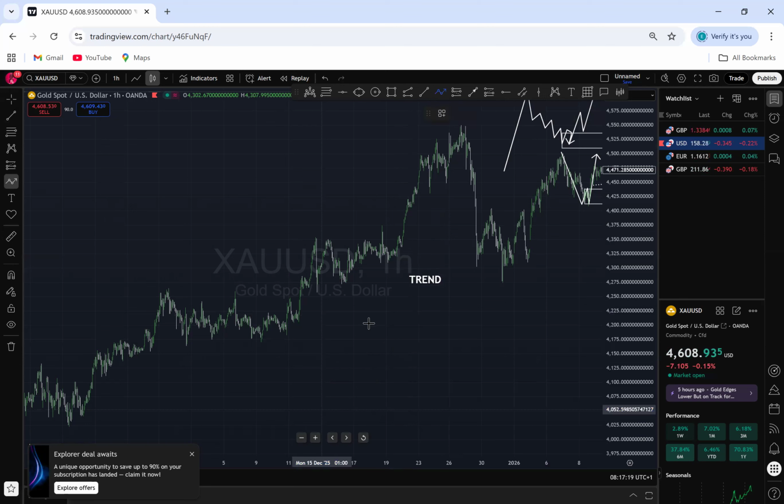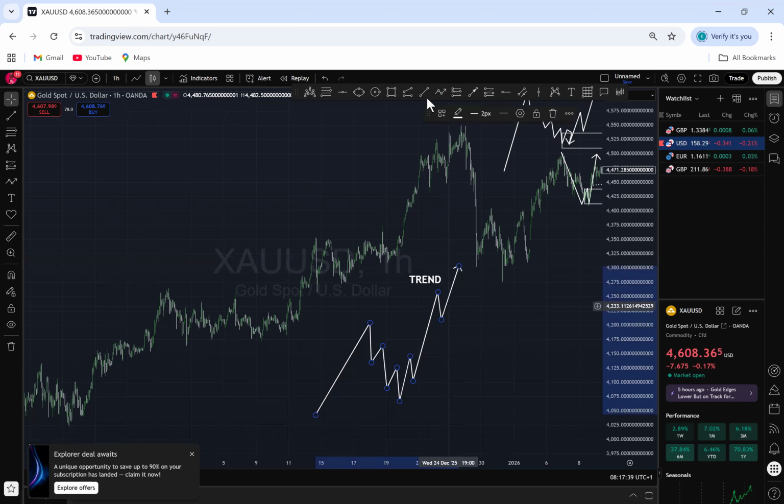We have this, and the market does this, gives a change of character here, gives liquidity, and then breaks structure here, gives liquidity here, and then goes up. Now, remember, let's say we have a demand zone here, and then we have another demand zone here. Now, what did you notice?